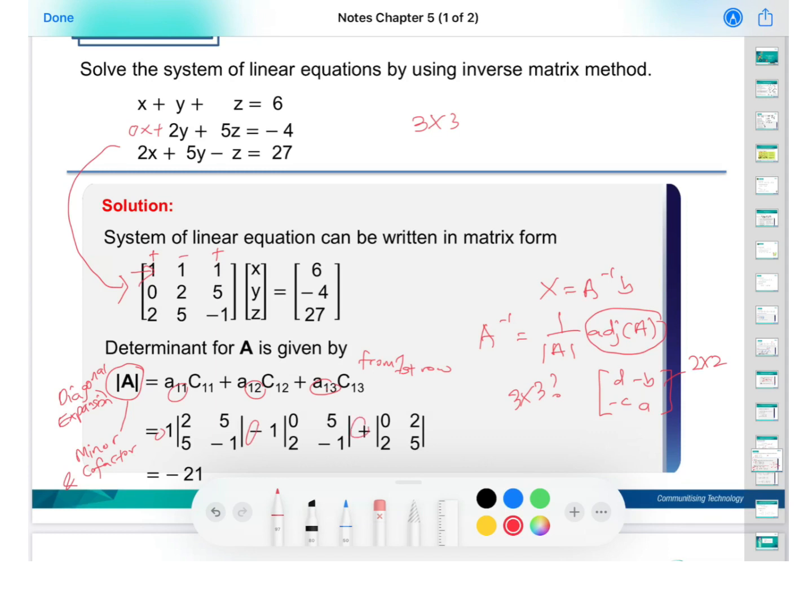Okay, 1, 1, 1. Okay, and then again you have to remember how do you get this matrix, how do you get this matrix, and how to get this matrix. Okay, if you don't remember this one, please go back to our previous video. So the answer is negative 31 for determinant.